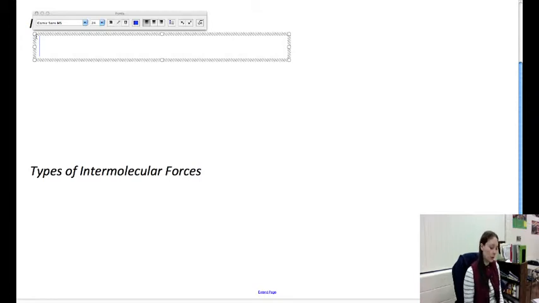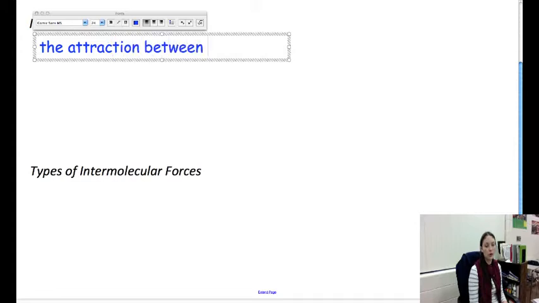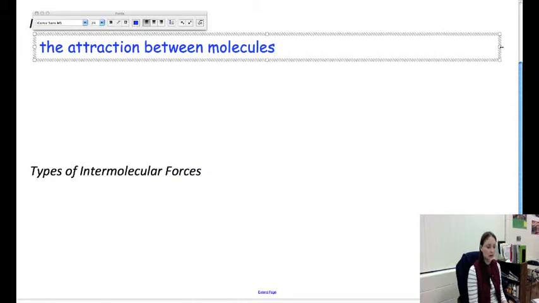An intermolecular force is the attraction between molecules. You want to think like an interstate goes between states, and intermolecular force goes between molecules.